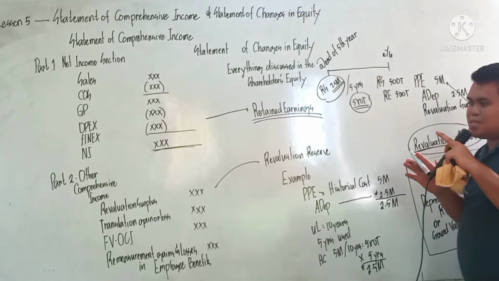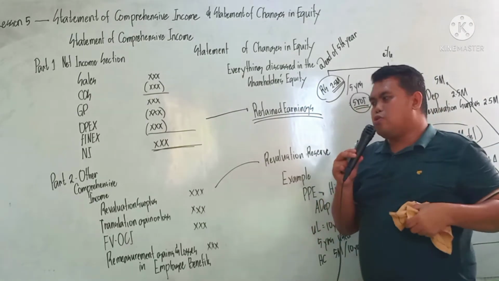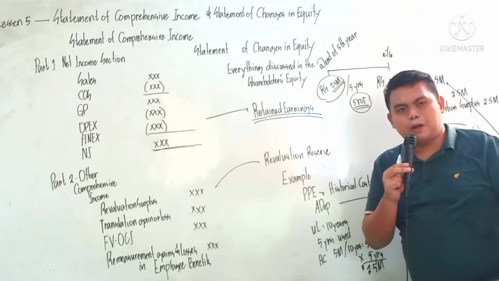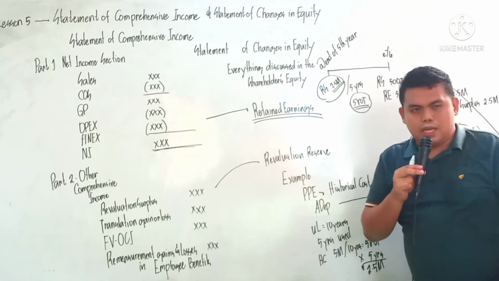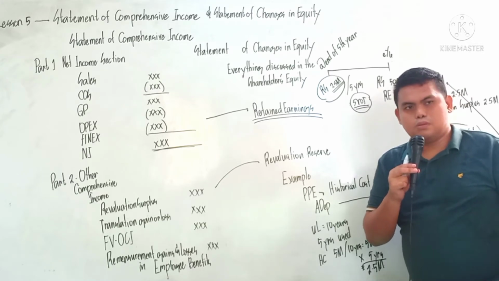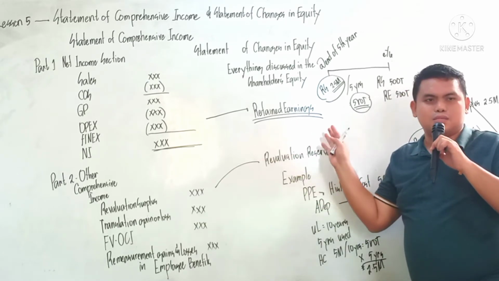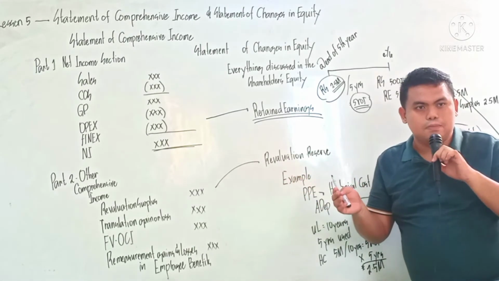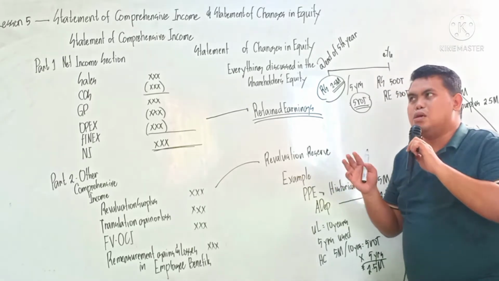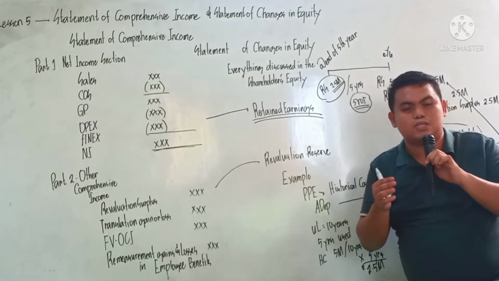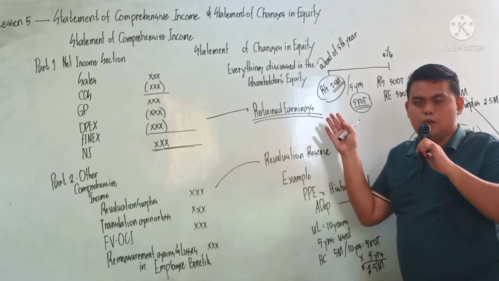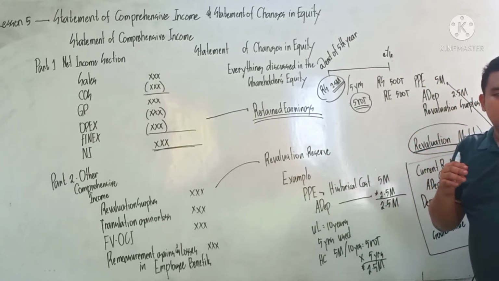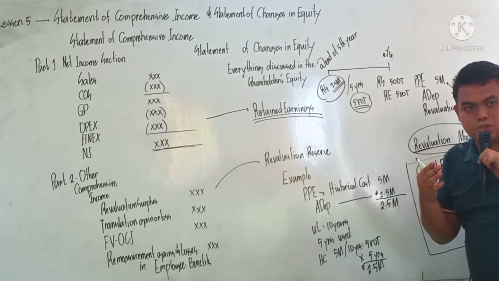So, that's revaluation surplus. Although, there are a lot of twists in revaluation surplus under the property, plant, and equipment discussions. But basically, that's the nature of revaluation surplus. It's part of the other comprehensive income, but little by little, it will be recycled. The term is recycled to the retained earnings based on the useful life and based, of course, on the method of depreciation.